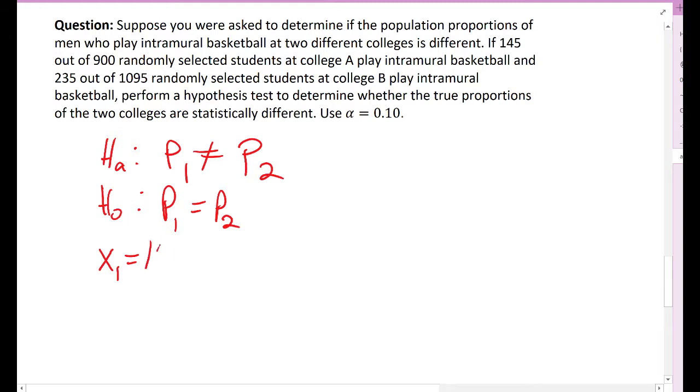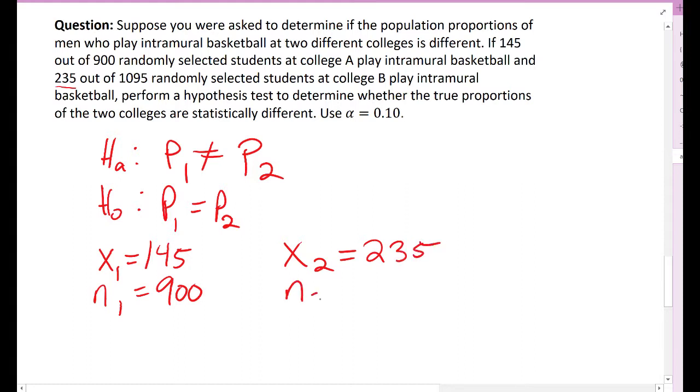x1 for us will be 145. That's the number of men at college A that play intramural basketball. n1 will be your grand total of men that you surveyed at college A, which is 900. x2 will be 235 because that's the number of men who play basketball at college B. And n2 will be the sample size of college B, which is 1,095.